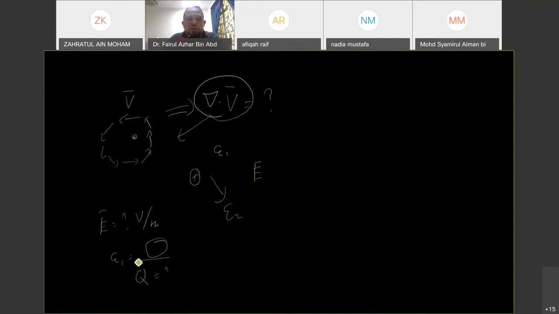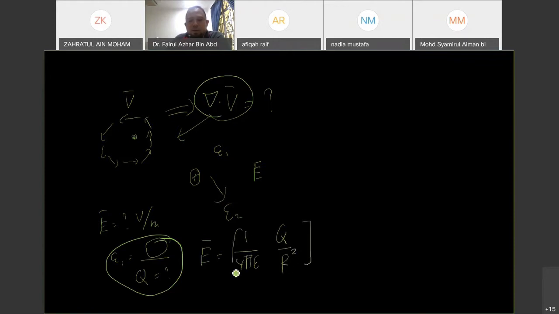Okay, so based on the equation, because in E, let's say we are based on Coulomb's law, so it's 1 divided by 4 pi epsilon, multiplied by Q divided by R squared, right?